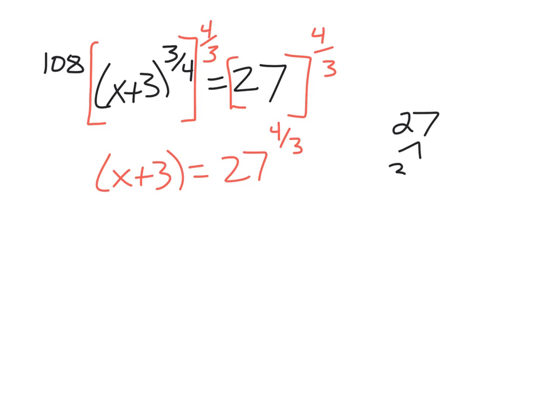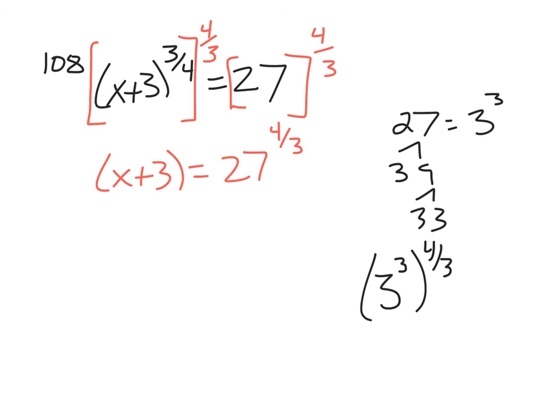Yeah, because it's 3 and 9 and 3 and 3. So 27 is really 3 to the 3rd. Okay, and so then we're 3 to the 3rd to the 4/3. And the 3's cancel. So then it's 3 to the 4th, which is 27 times 3. Good job, 81.